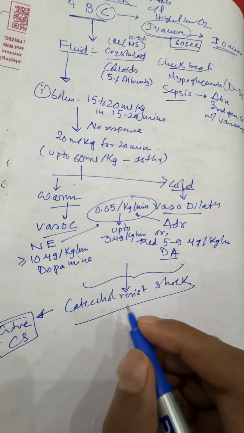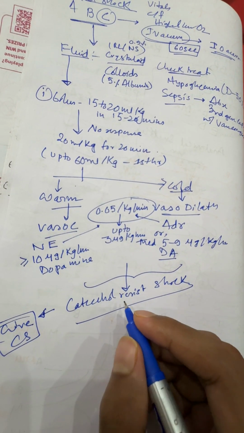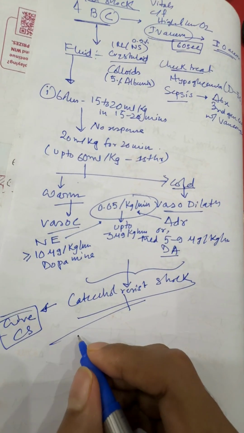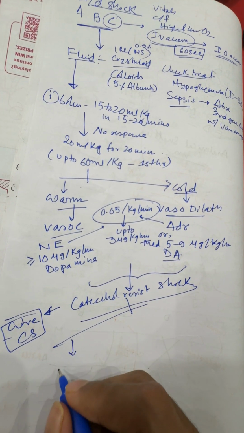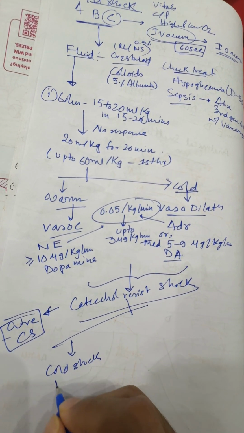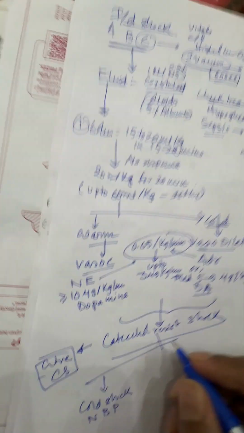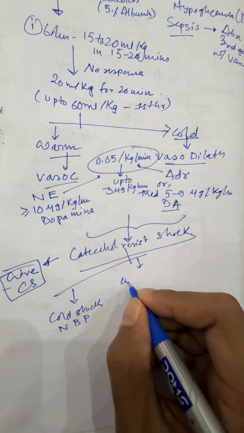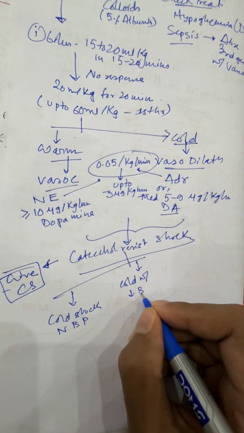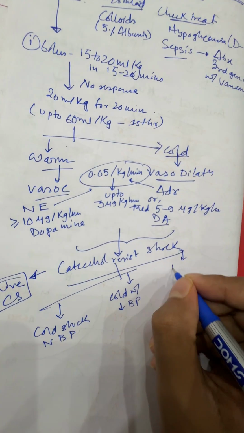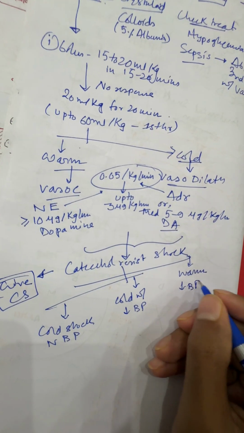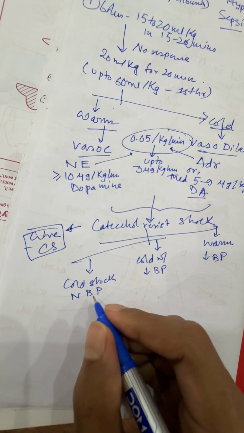Now after that, if it is still not controlled, we have to see about a few combinations: if there is a cold shock plus normal BP, a cold shock with reduced BP, and a warm shock with reduced BP. BP won't be increased in shock, obviously.